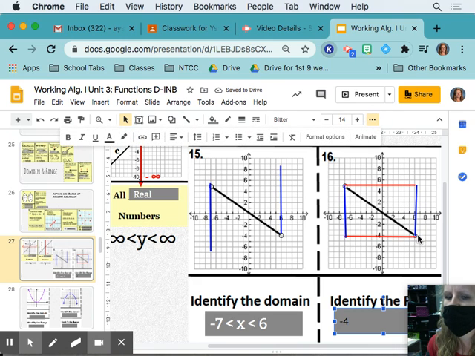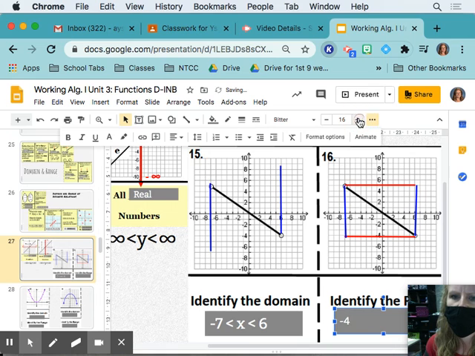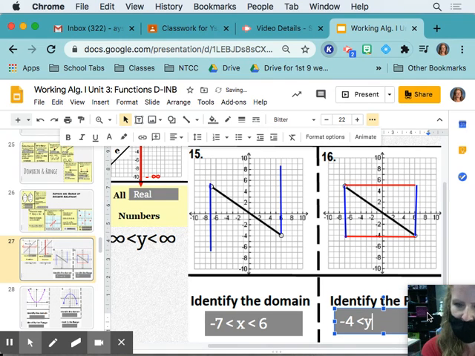No, because of the open circle. So no, it's not. Is less than, so range is y, so we're going to change this to a y. Is less than 5.